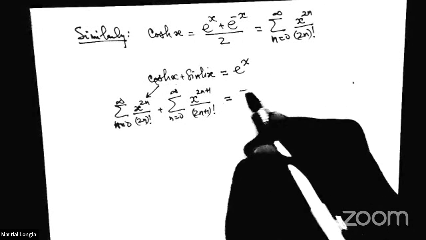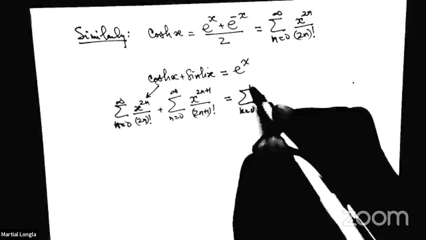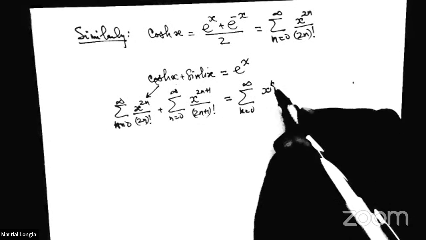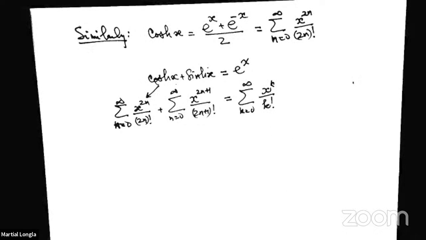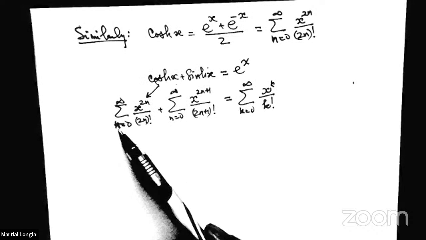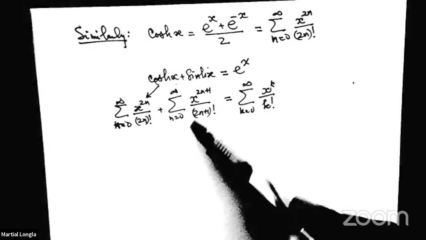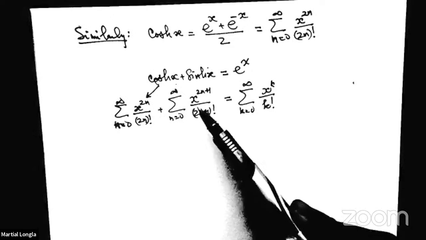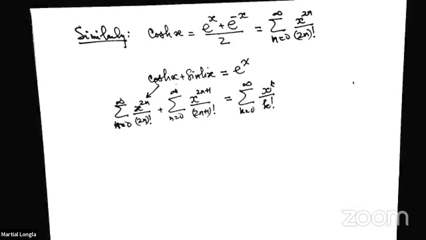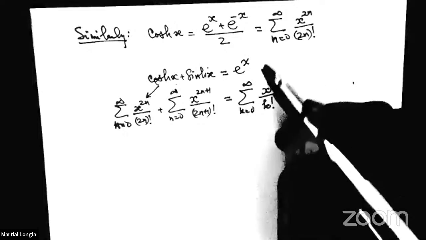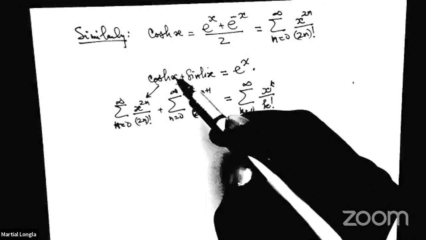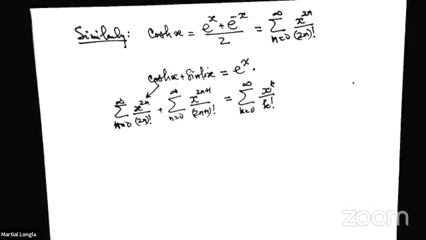On the other side, that's the sum k from 0 to infinity of x to the k over k factorial. Here is the sum of all even numbers, and this is the sum of all odd numbers. The sum of all even plus the sum of all odd gives the sum of all of them. And this equality is true by the definition of cosine hyperbolic plus sine hyperbolic. Any questions?